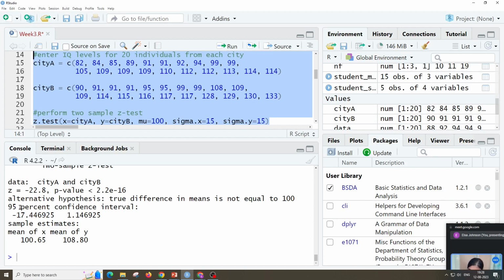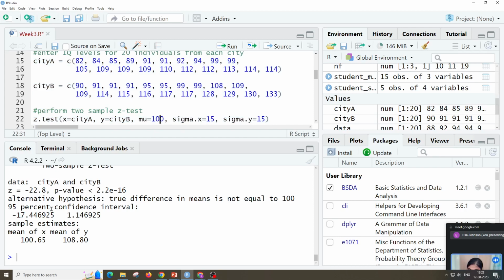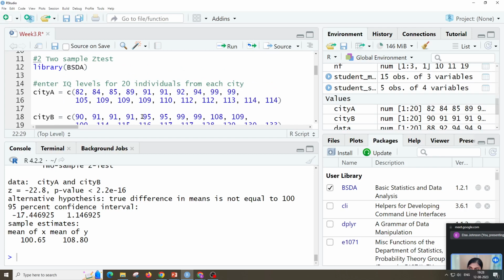Then we are seeing the difference in mean between different cities. That's why we are giving mu equal to 0, because in this particular case we are seeing the difference between city A and city B.